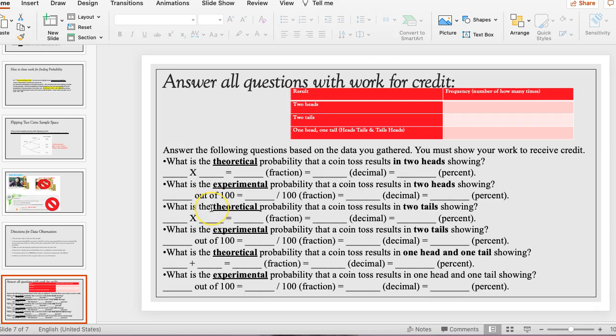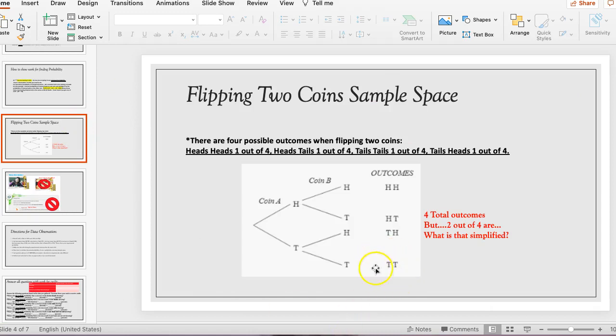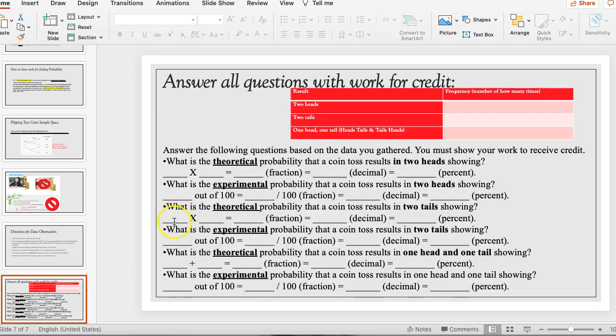Okay, back to theoretical, but what should happen if you flip 2 coins and both of them land on tails? So again, if both of them land on tails, the theoretical probability, okay, of one landing on tails, flip the second coin, landing on tails, multiply, fraction, change to decimal, change to percent.